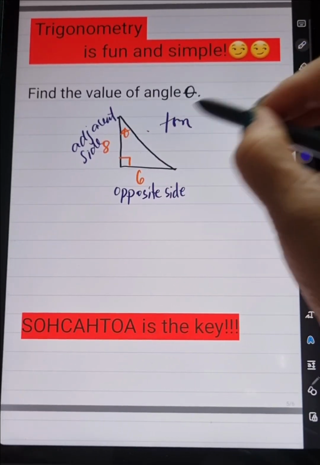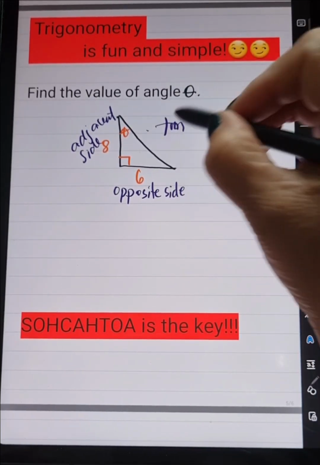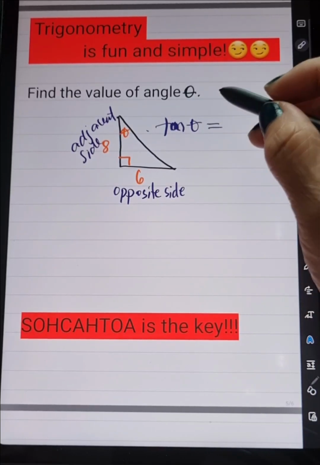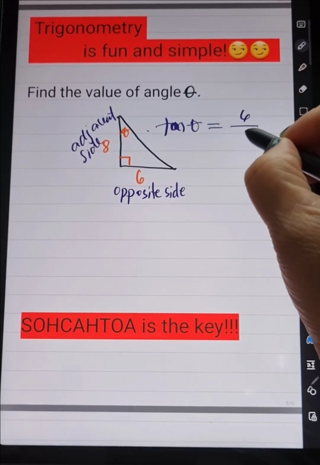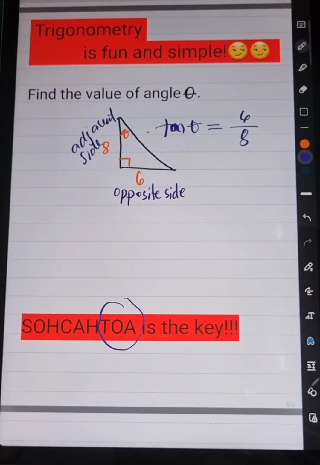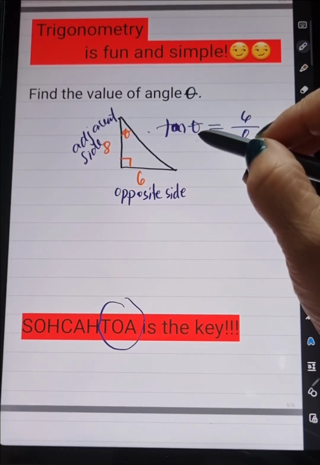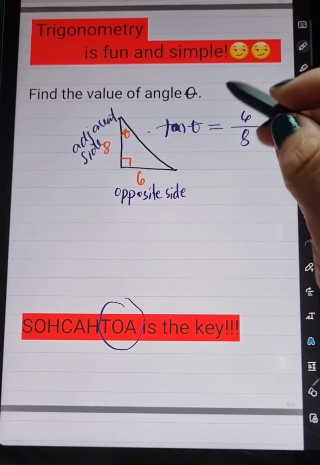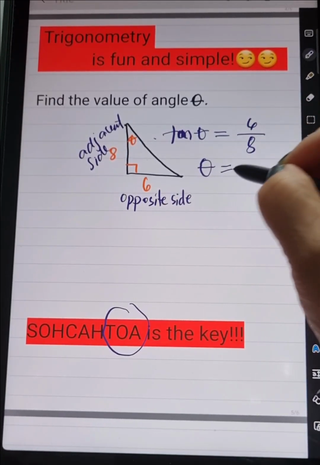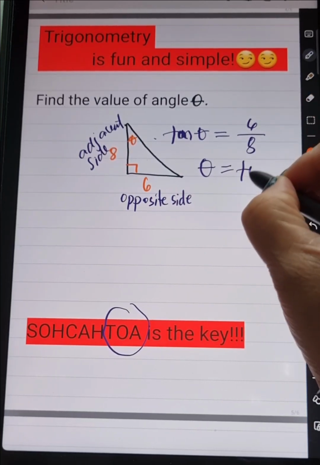So we have tangent theta is equal to opposite over adjacent, this one here. Okay, now since we are looking for the measure of the angle, it means that angle theta now is equal to the inverse tangent. We're going to get the inverse tangent here.